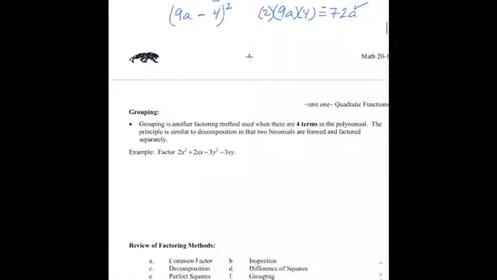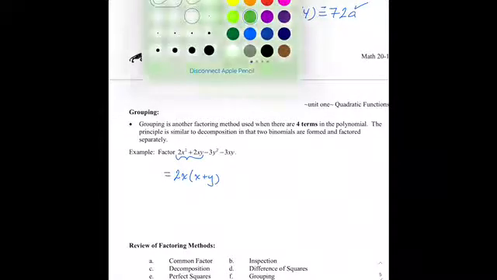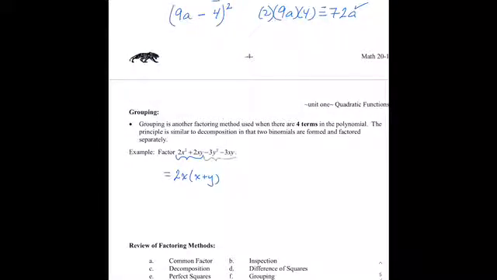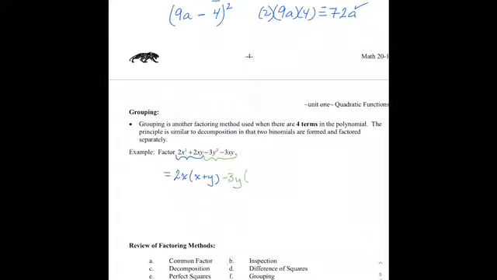And the last type of factoring that we might have to do, which we've already really been doing, is factoring by grouping, where you look at the first two terms, which we have to do to do decomposition anyway. We look at the first two terms and we take out what's common. We can see that there's a 2x common to both of those, and we're left with an x plus y. And then we of course look at the last two terms, and we can see that I can take a negative 3 out of both of those terms and a y, and we're also left with a y plus x here.